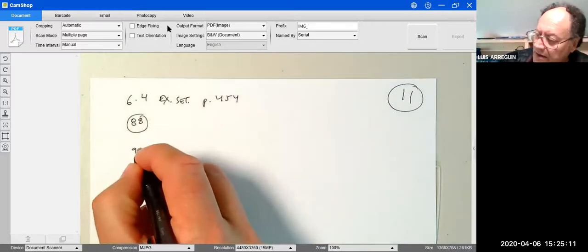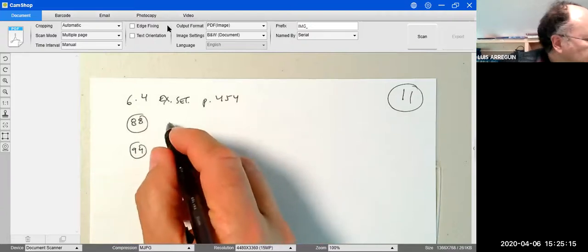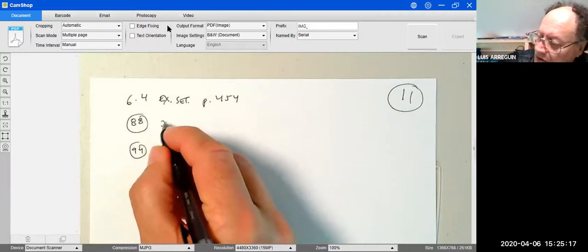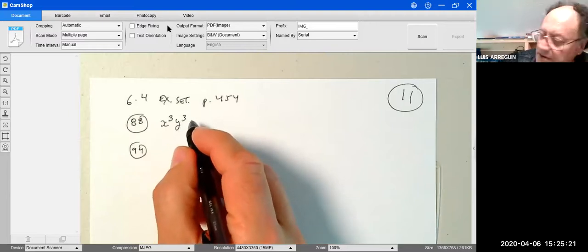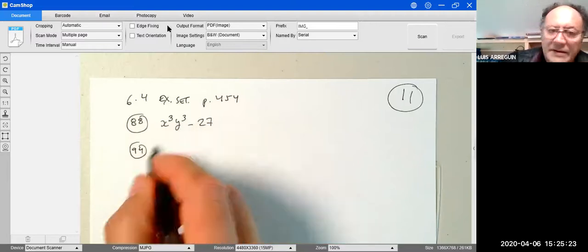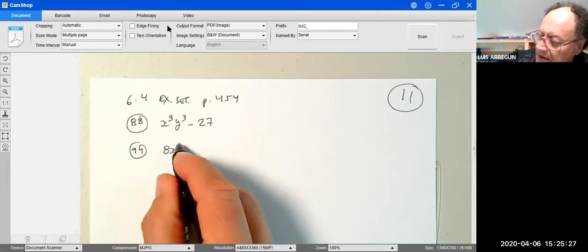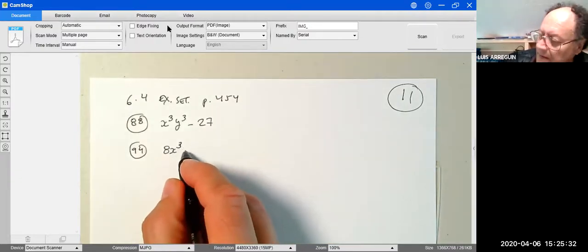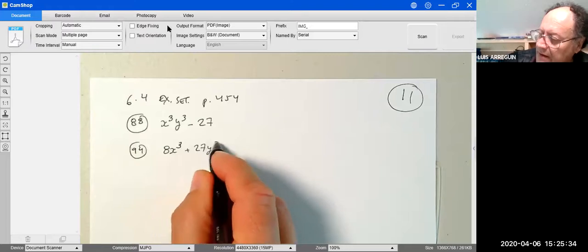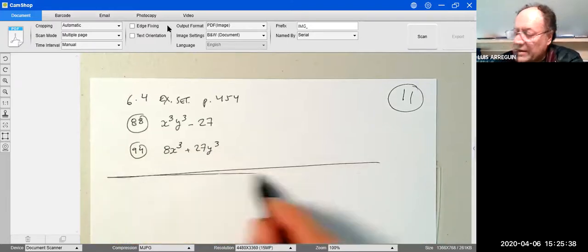So 88 and 94. 88 is x cubed y cubed minus 27, and 94 is 8x cubed plus 27y cubed. So with this, we're going to complete this section.